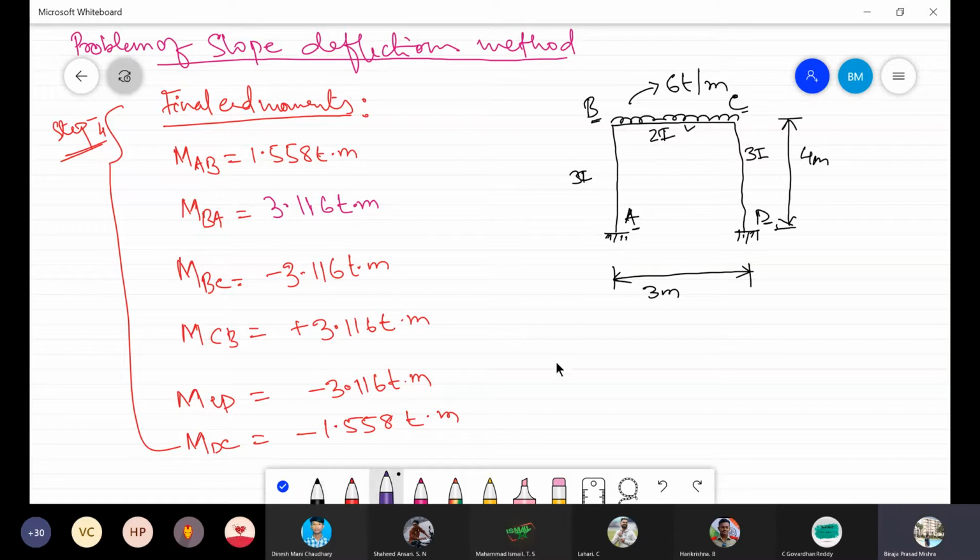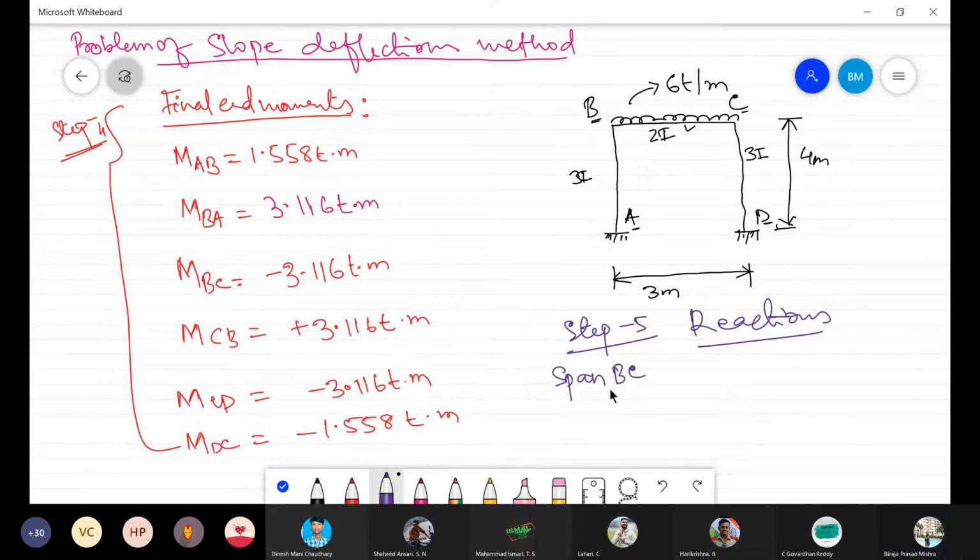So I'm writing here, this is step 5, reactions. Let us take first span BC. If I consider this span BC, you can see here at node B it is rested, at node C it also rests.